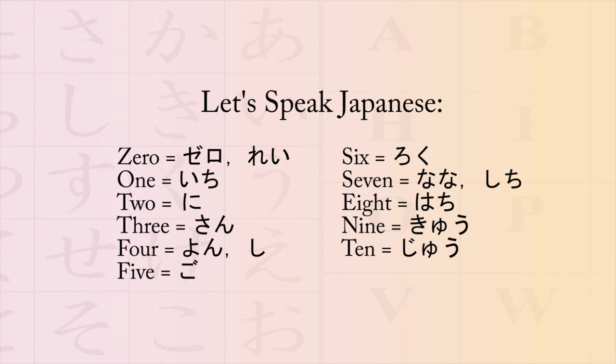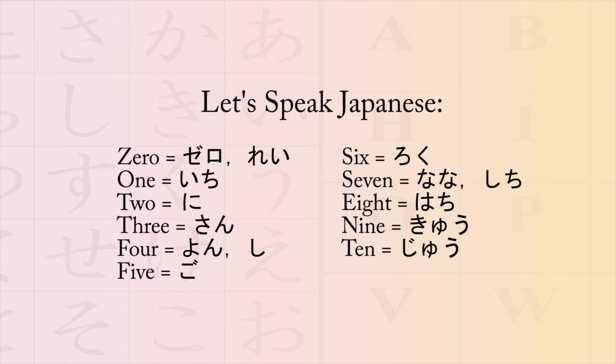Okay, so now going back to review all of the numbers, we start with 0, which is zero or re, 1, which is ichi, 2, which is ni, 3, which is san, 4, which is yon or shi, 5, which is go, 6, which is roku, 7, which is nana or shichi, 8, which is hachi, 9, which is kyu, and 10, which is ju.